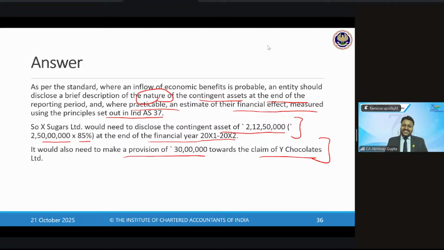So contesting is not given in the question, I agree. But this matter is not a clear liability, because every prudent person will say that the truck has left from our godown, and because of something out of our control, didn't reach to you.